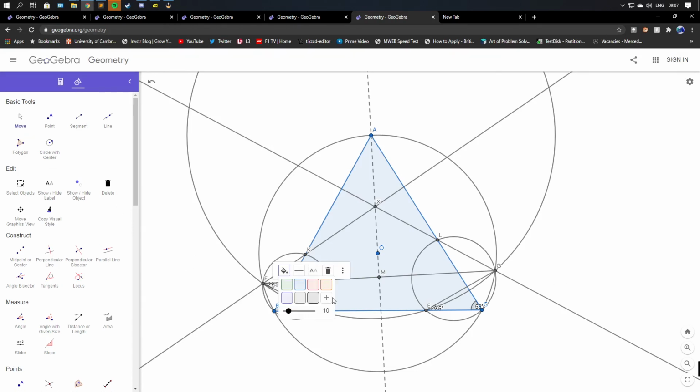So we're going to call this one red, which means this one is red. We're going to call this one green, and we're going to call this one orange. And then I think we need one more angle, which is going to be FDB, which is going to be equal to FGE because of exterior angle of a cyclic quad. And those are going to be black, so that's fine. So we've got red, orange, green, and black. That should be enough for the whole problem.